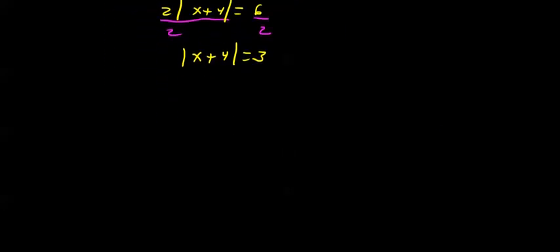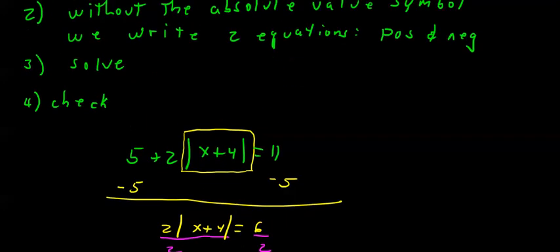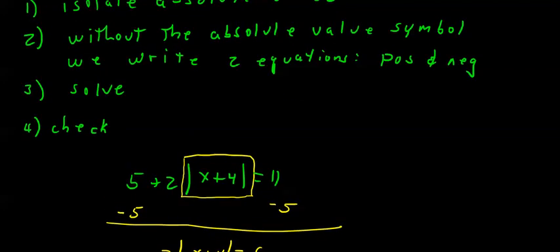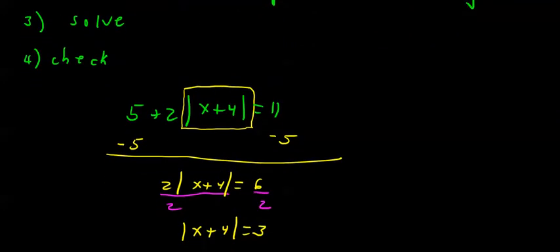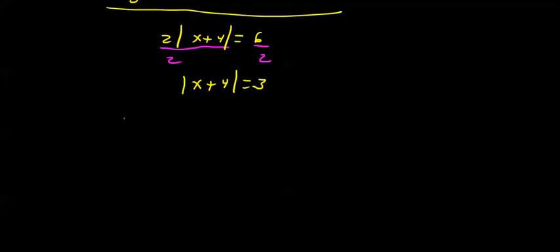Now, step 2, without the absolute value symbol, write two equations. So I take what's inside and I write it down 2 times. x plus 4 equals, and right next to it, side by side, I write the other equation.